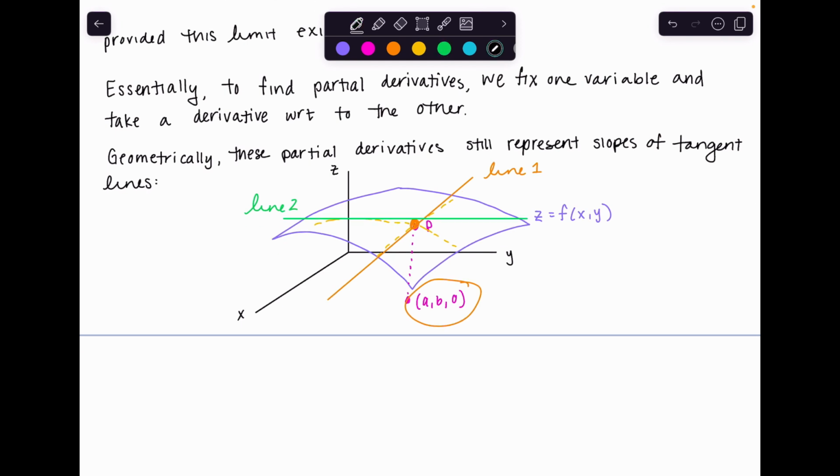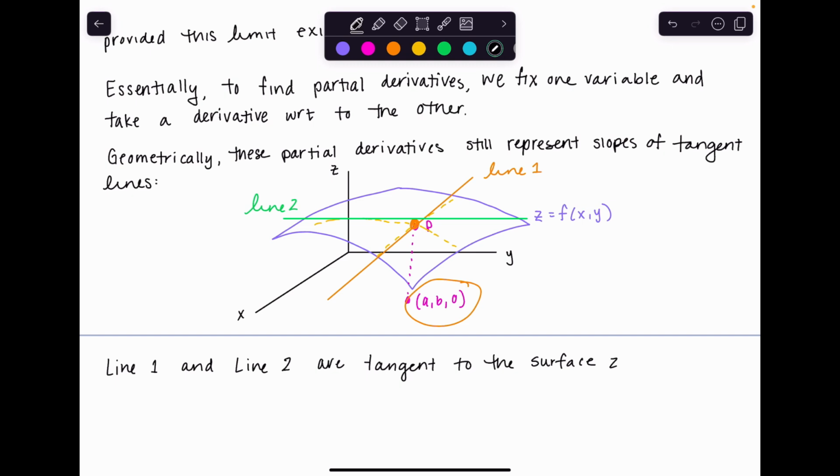So line 1 and line 2 are tangent to the surface C, which is a multivariable function of x and y, at the point P. The coordinates of P here are a, b, and then whatever the z value is corresponding to it, which is just the function evaluated at that point.